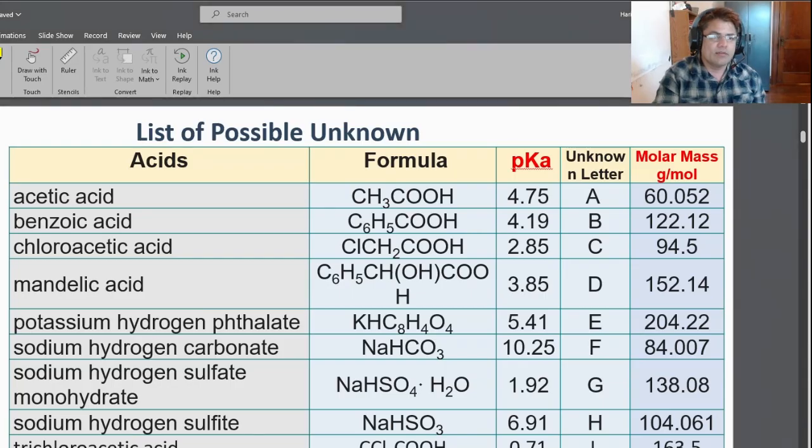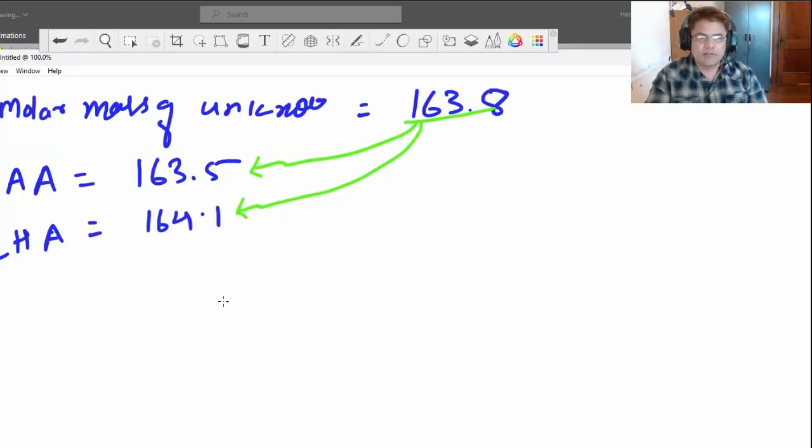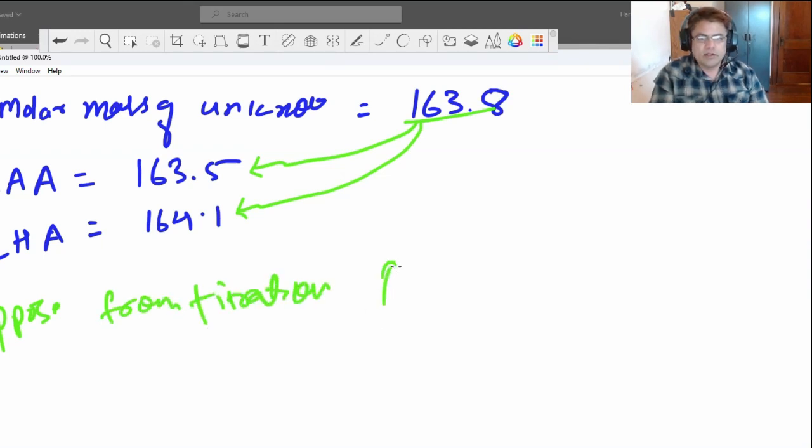Now let's see the list again. We can easily get the molar mass of the unknown, right? You have learned that. Now we can also get the pKa from the titration. Let us find the pKa. Suppose from the titration your pKa is 4.1.